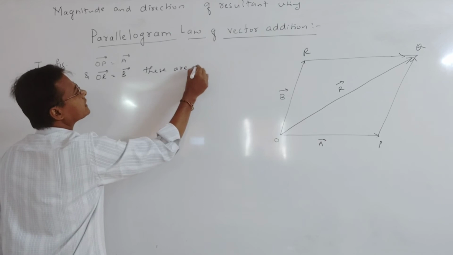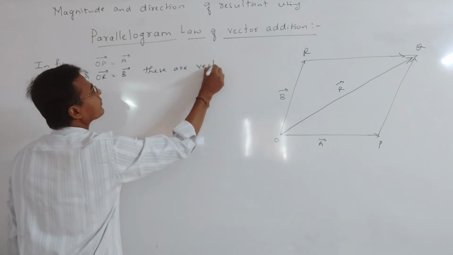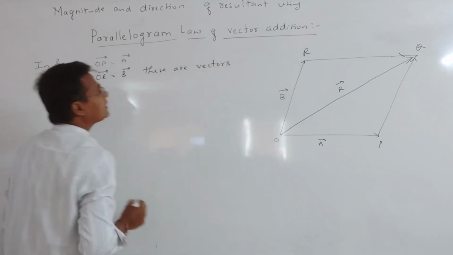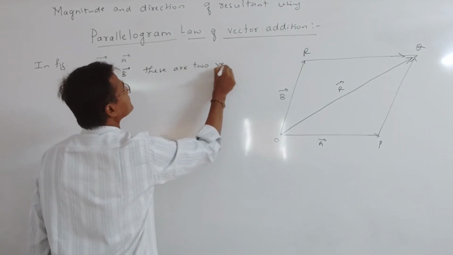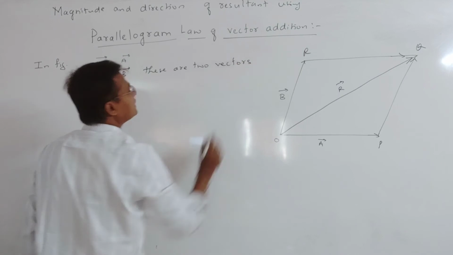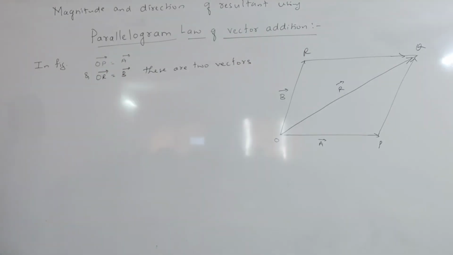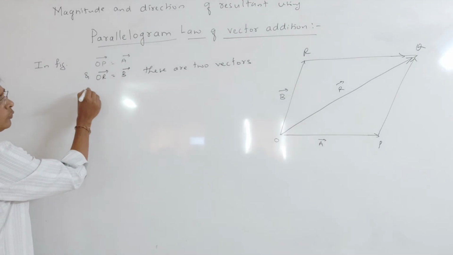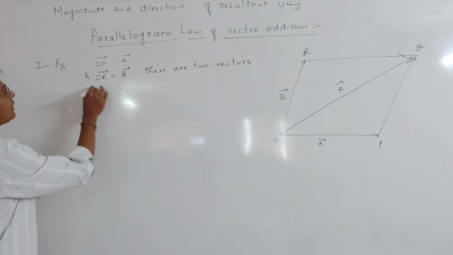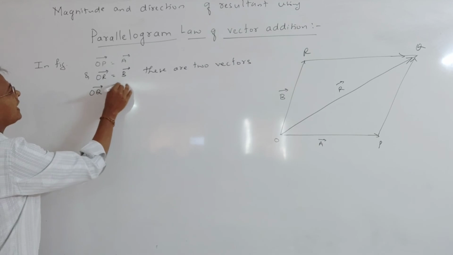And now we can see that OQ vector is the R vector.